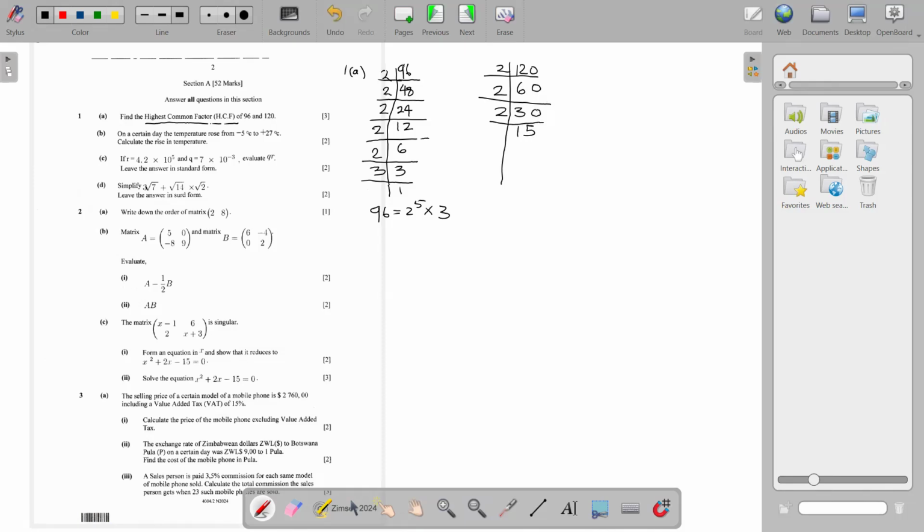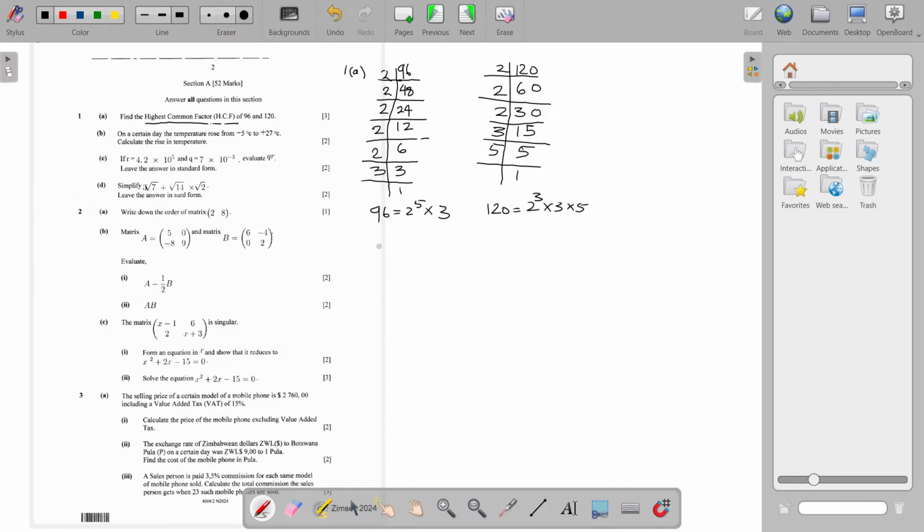Then the smallest number that enters into 15 is 3. 3 enters into 15 5 times. Then 5 is the smallest number that enters into 5. Therefore, 120 is equal to 2 to the power 3 multiplied by 3 multiplied by 5.